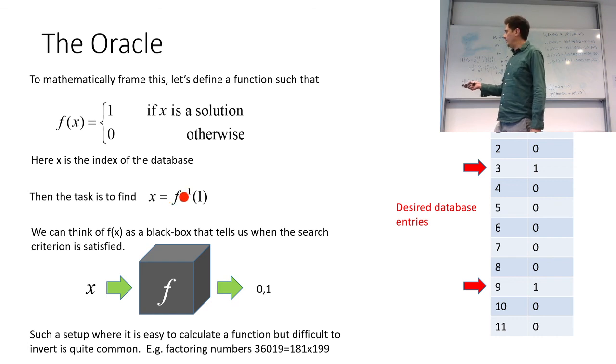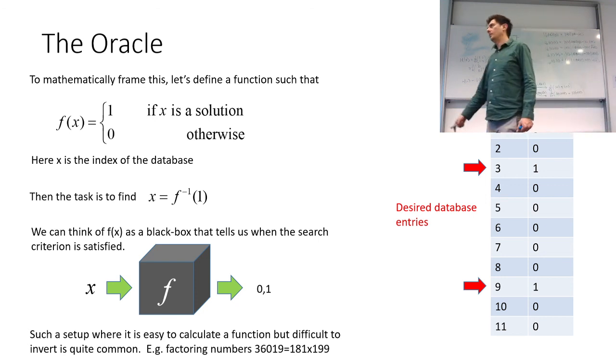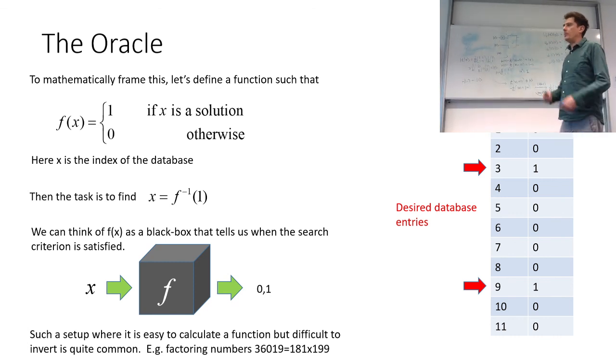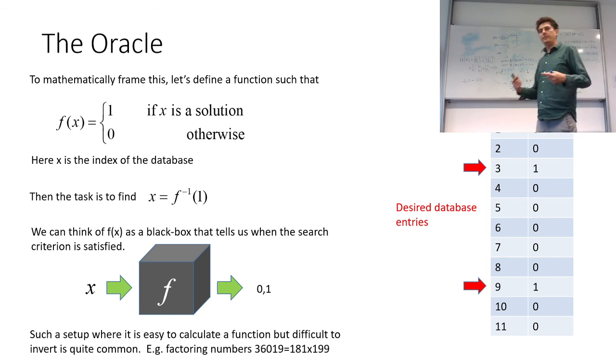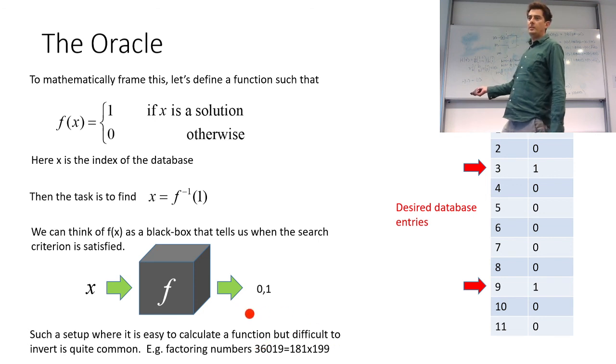Basically, it's hard to invert this function, and that's quite a common type of thing, because some types of operations are hard to invert. An example was factoring numbers. Factoring numbers is generally hard, but multiplying numbers is easy.